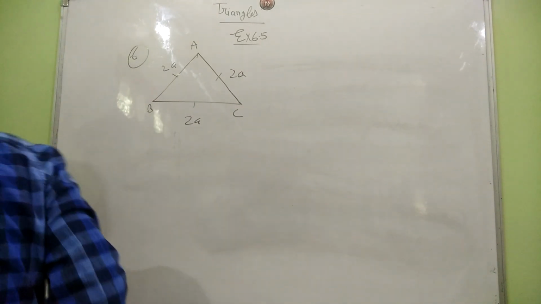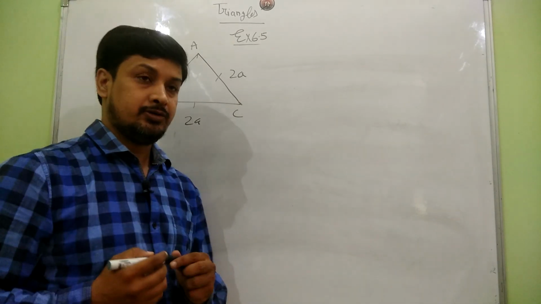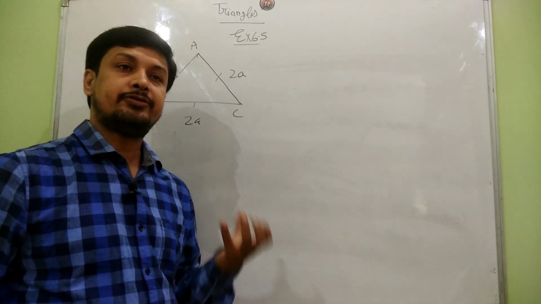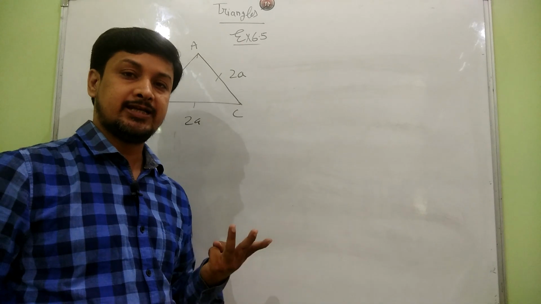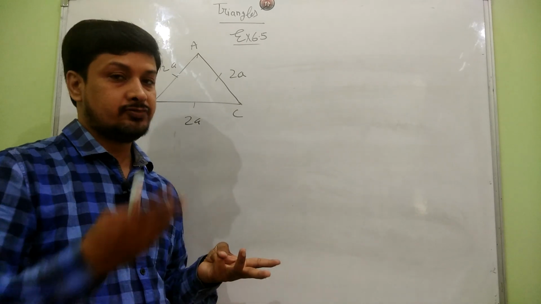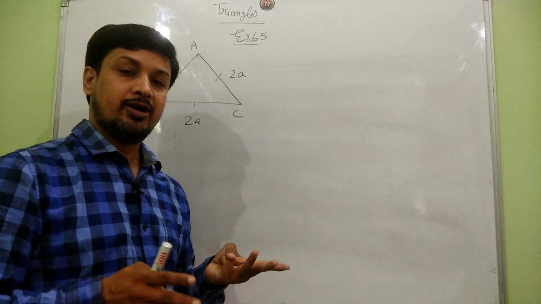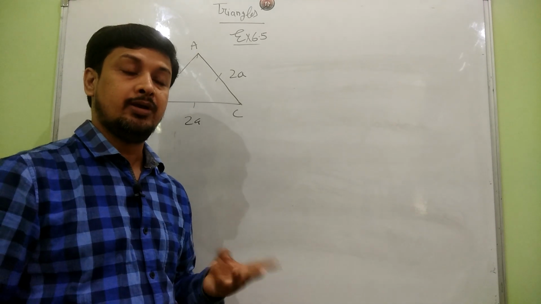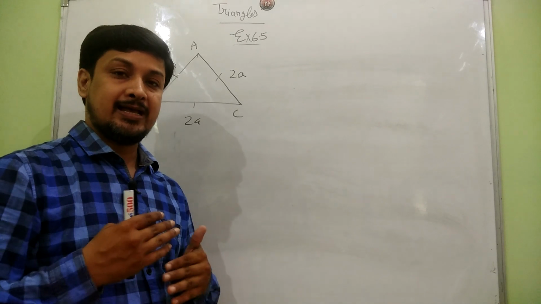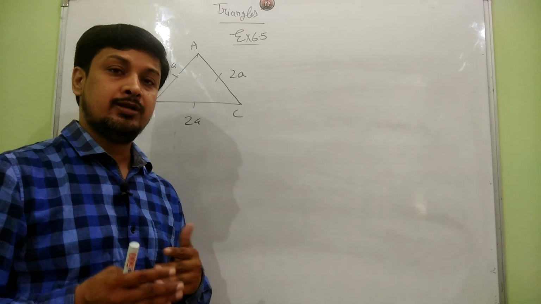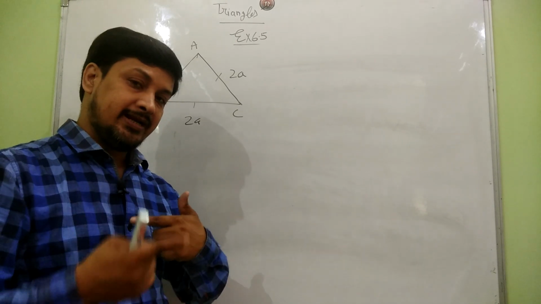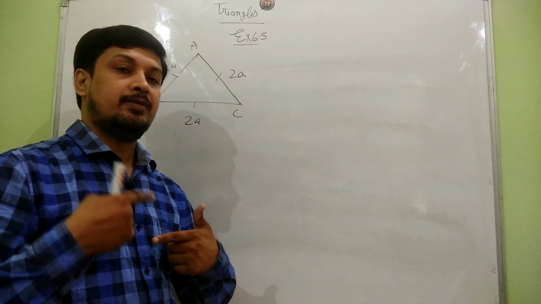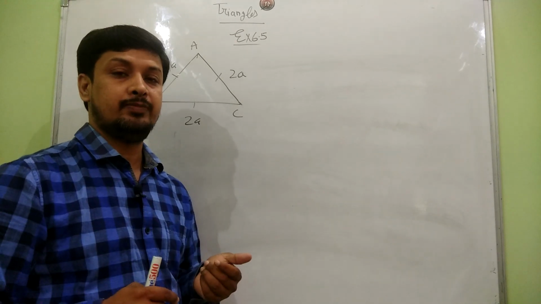You know, students, in a triangle, if three sides are equal, then its three angles will also be equal, three of its altitudes will be equal, and three of its medians will be equal. That means as many sides as are equal, that many angles, medians and perpendiculars will also be equal.